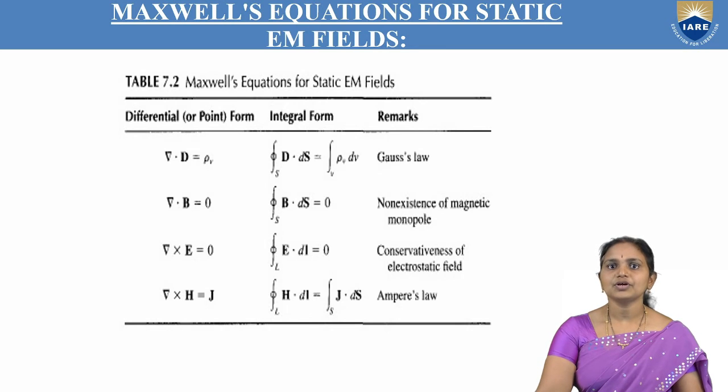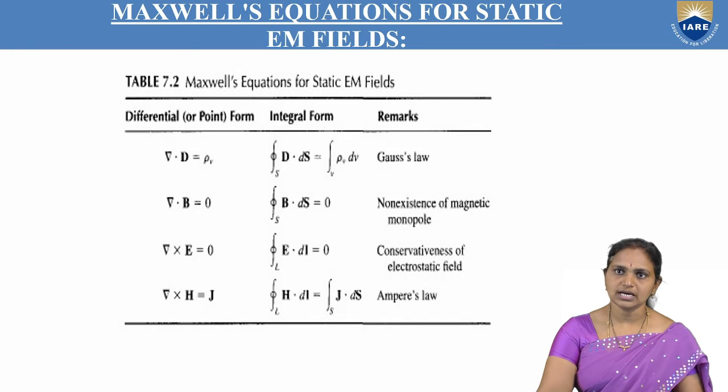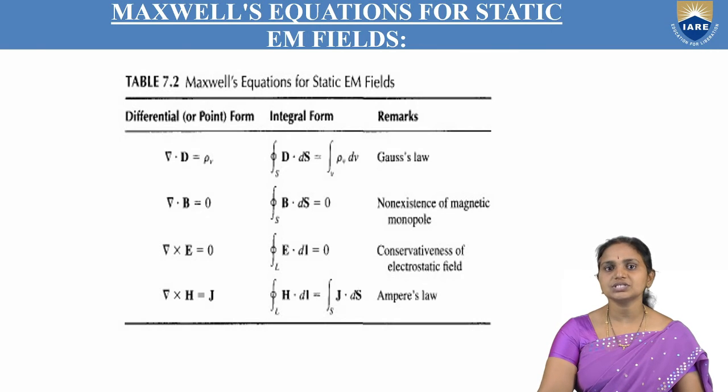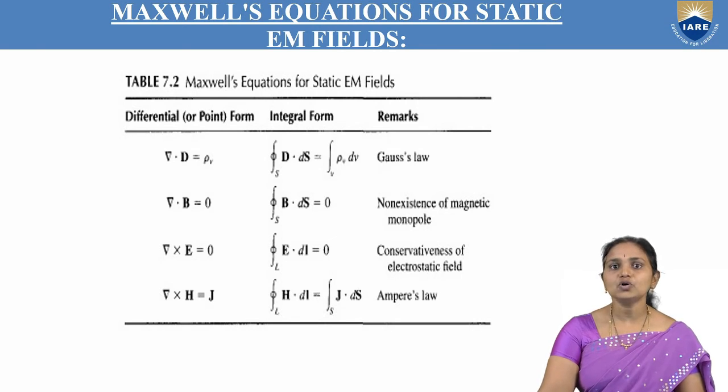Now I am going to conclude Maxwell's equations for static EM fields, and give the summary of all four. If you observe Maxwell's equations for static fields, we have two Maxwell's equations for electrostatic fields and two more for magnetostatic fields.